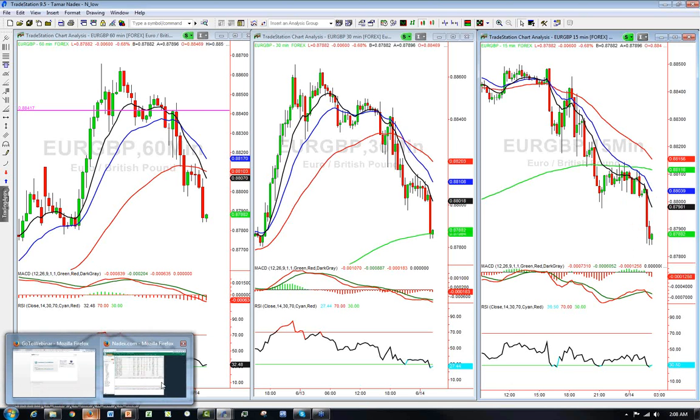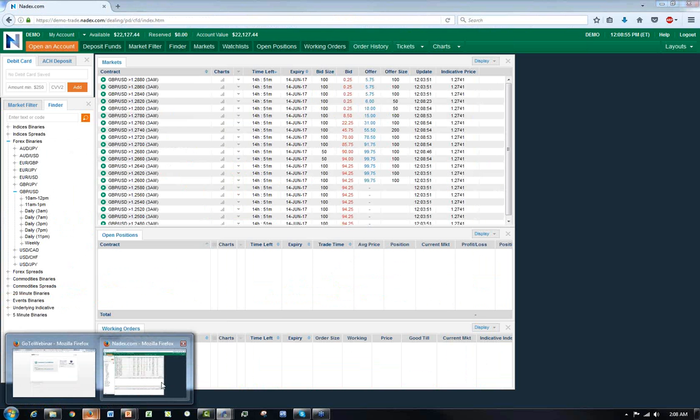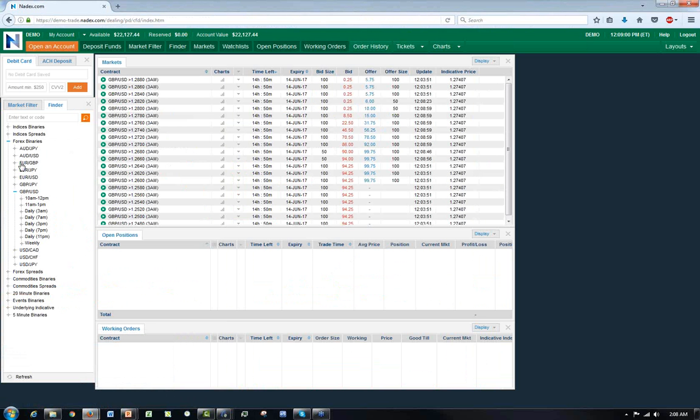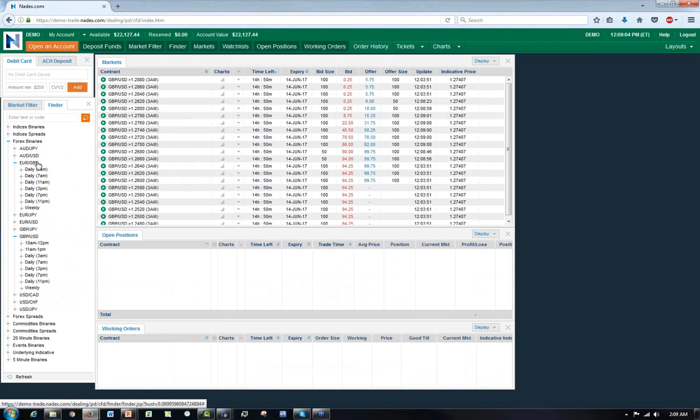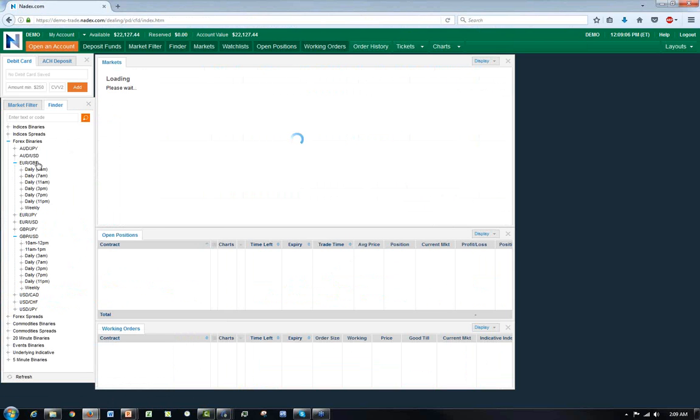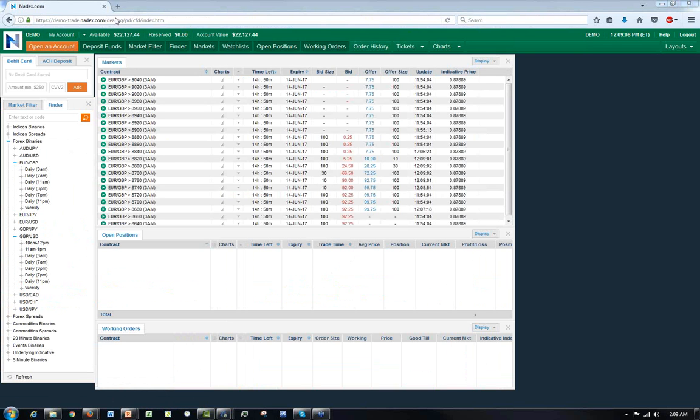So let me just bring up the platform and let's have a look. So looking here at Euro GBP, let's open. So what I've got here, I can see if I can move this one. Here it's good. There we are.